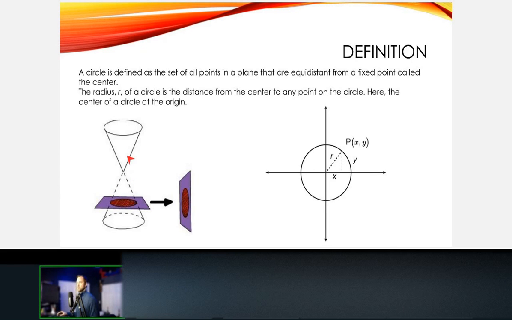This right here just shows a picture of a double-sided cone, and it takes a transverse slice to create a circle. We're gonna see this image again when we visit the other conics and how the slice is taken to generate not only a circle, but of course the ellipse, the parabola, and the hyperbola.